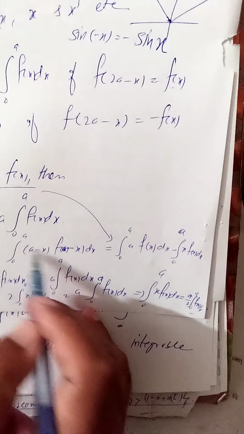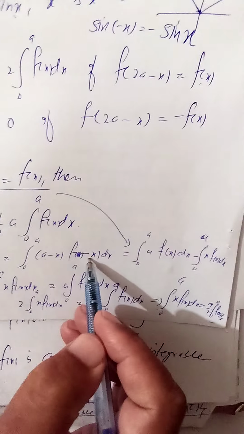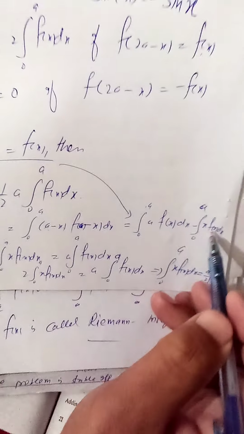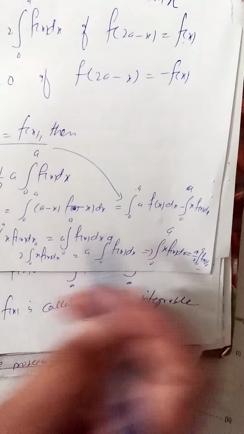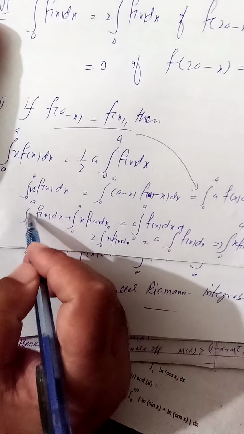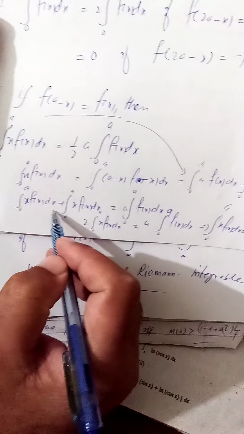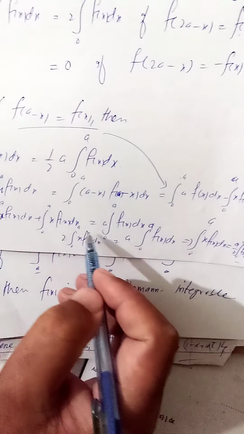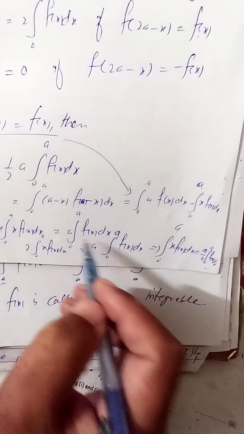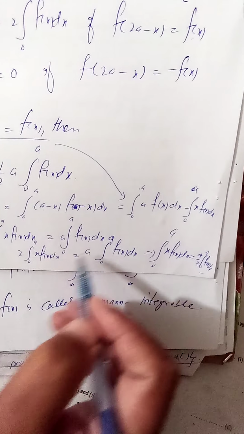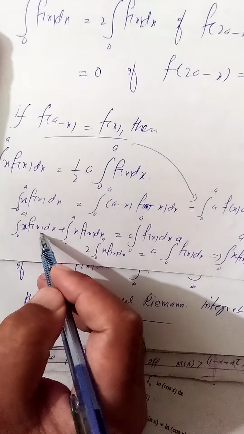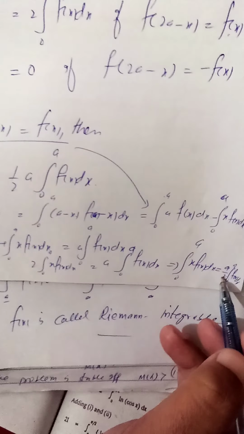Since f of a minus x is equal to f of x, this becomes integration from 0 to a of a f of x dx minus integration from 0 to a of x f of x dx. Now taking this integral to the left side, we get 2 times the integral of x f of x dx equals a times the integral from 0 to a of f of x dx. So adding and simplifying, we get the required result.